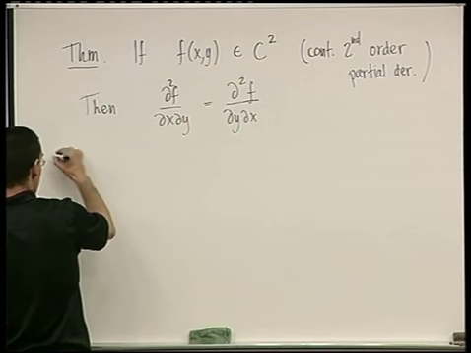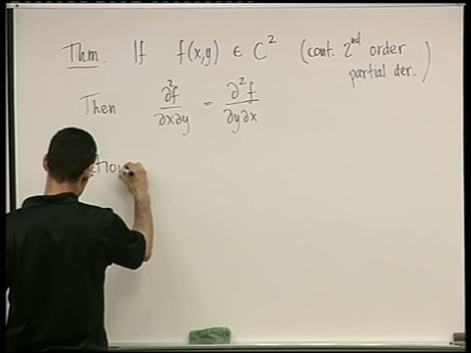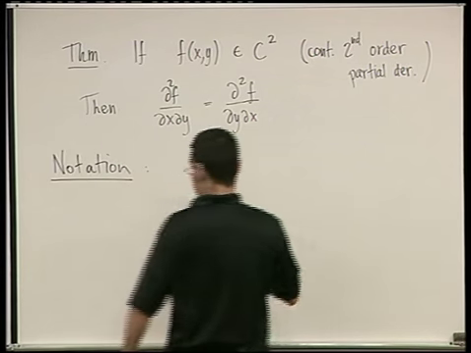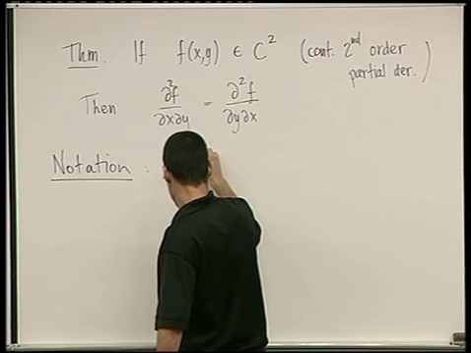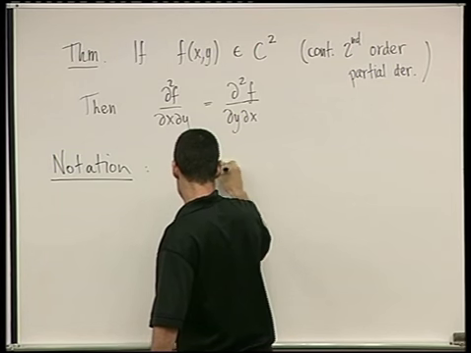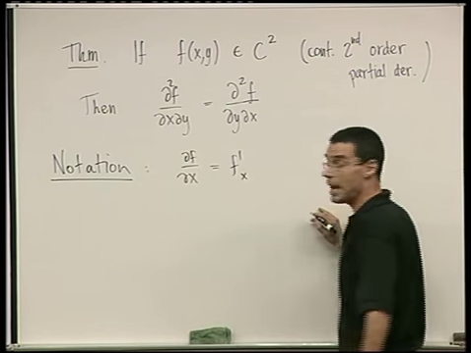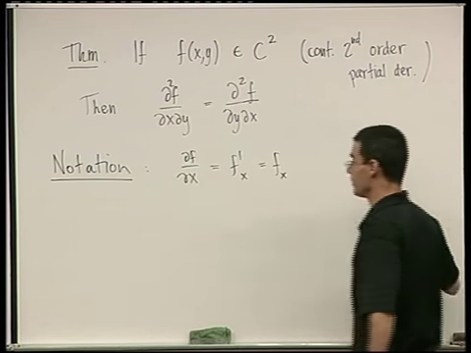Remarks. So first of all, notation. So we already know that the derivative of f with respect to x can also be written as f prime sub x, or even just f sub x.